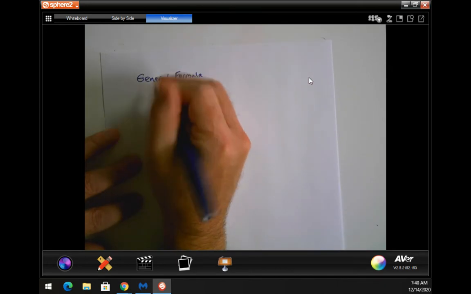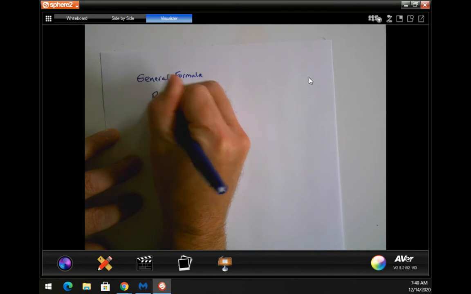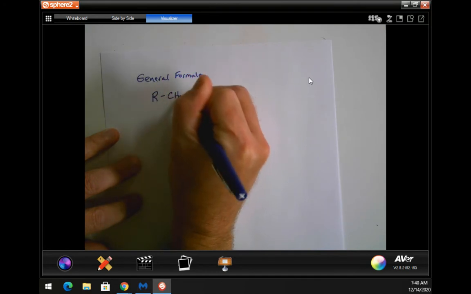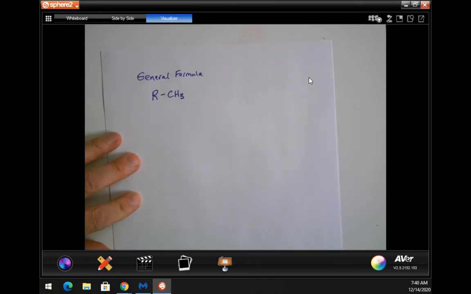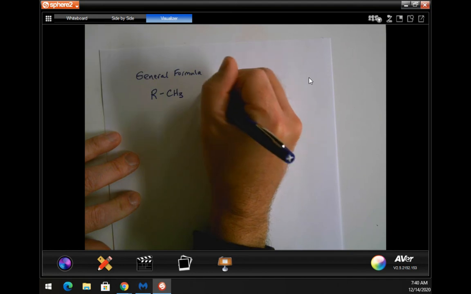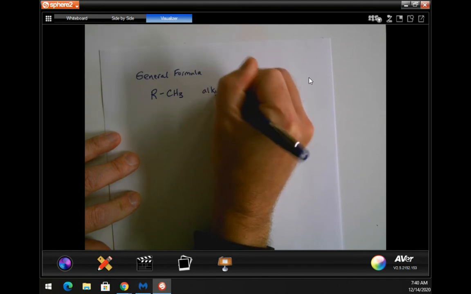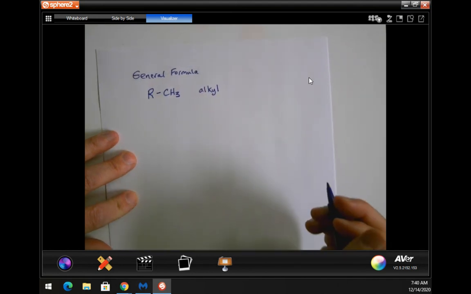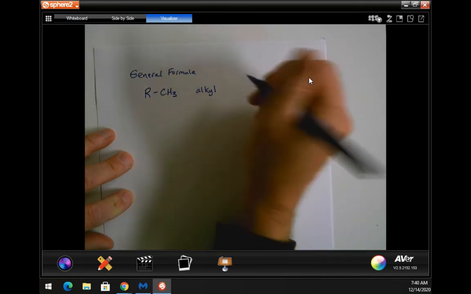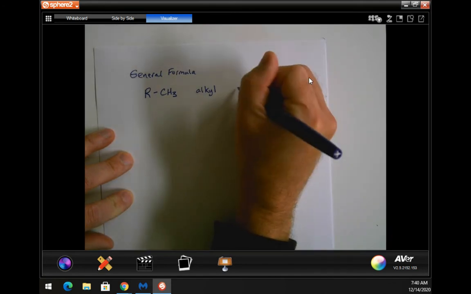So the general formula for the very first one that we studied looks something like this, okay? And that is an alkyl. And the ending on these is YL.